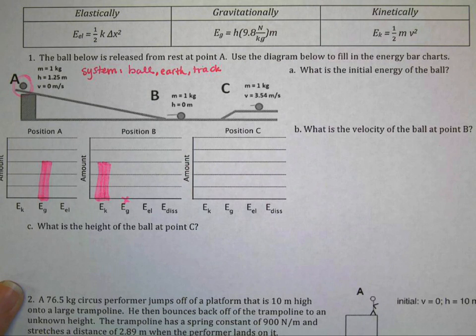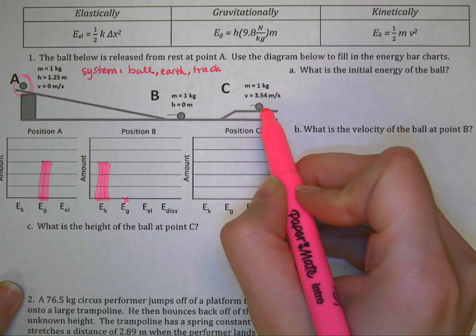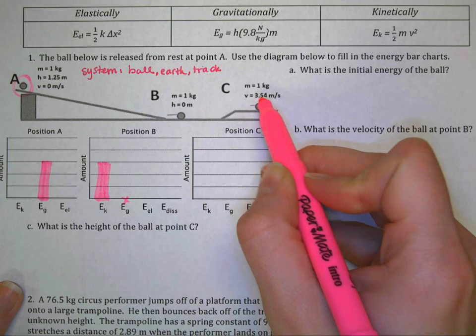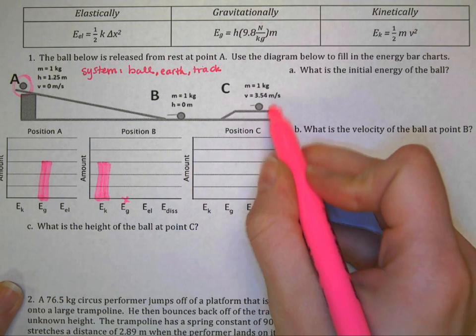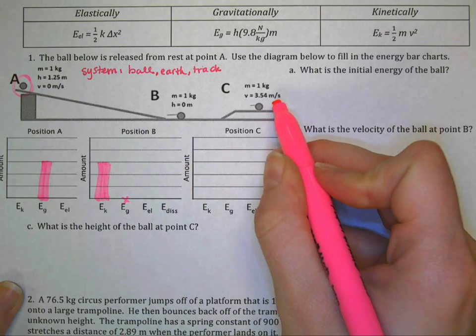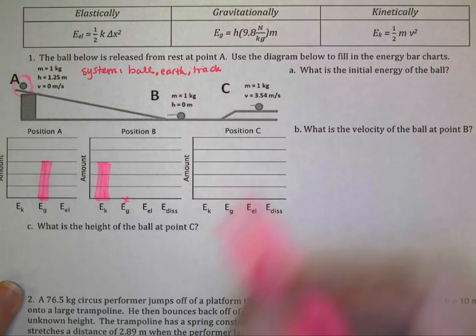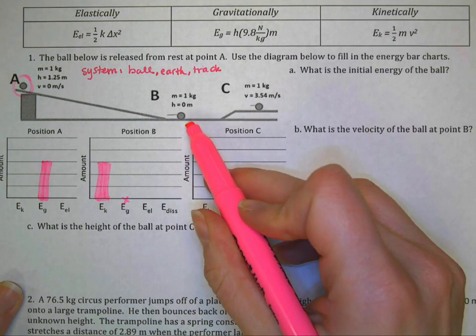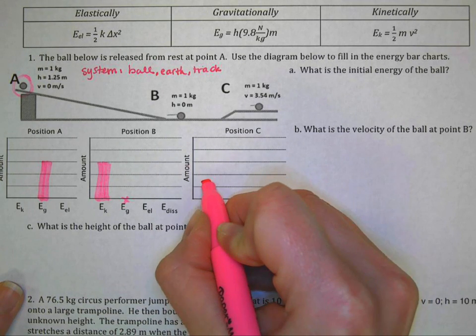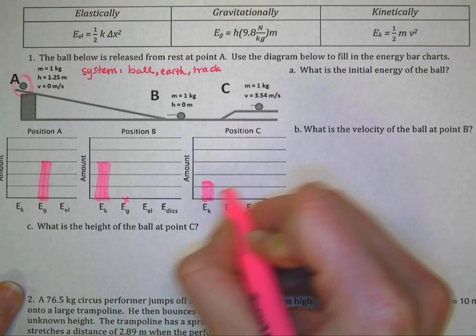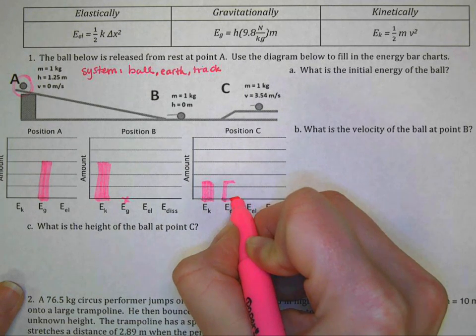I'm assuming at this point that this is a frictionless ramp. Then at position C, it goes up a little bit of a ramp. It has a velocity still, but it also has a height. It doesn't give me a specific height or a velocity here, so just for the sake of knowing, I know that it's moving and has some height.